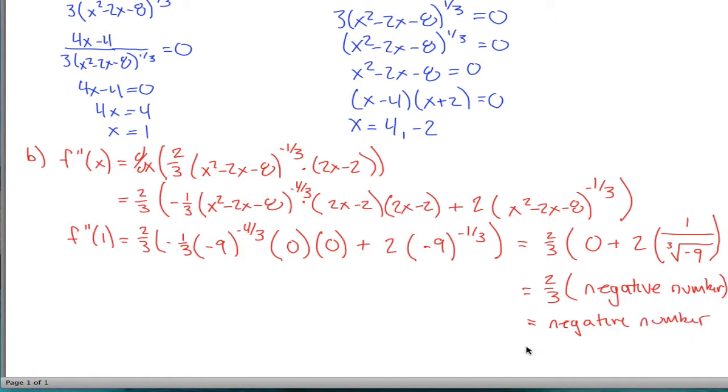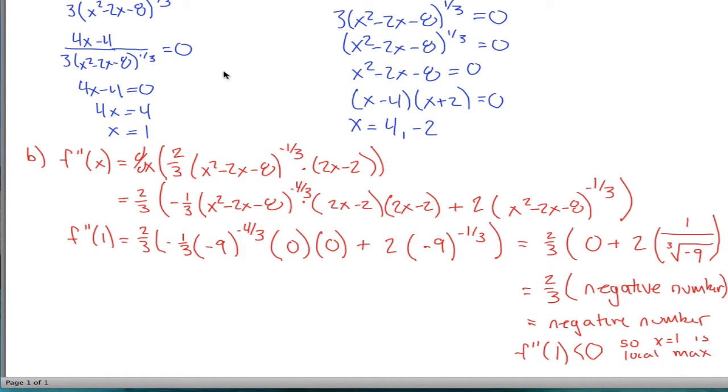In other words, f double prime of 1 is a negative number. It's less than 0. So what that tells you when you're using the second derivative test is that x equals 1 is a local maximum.